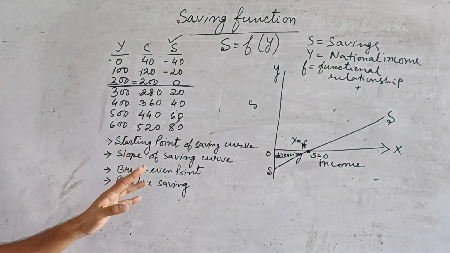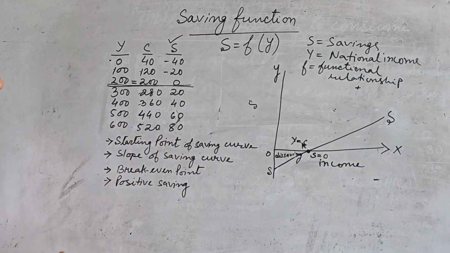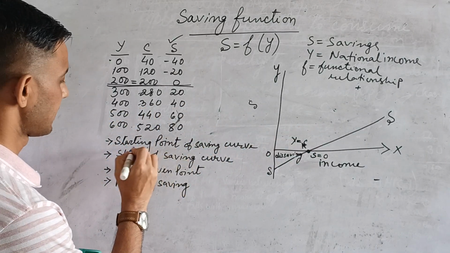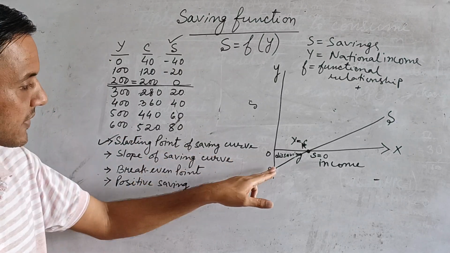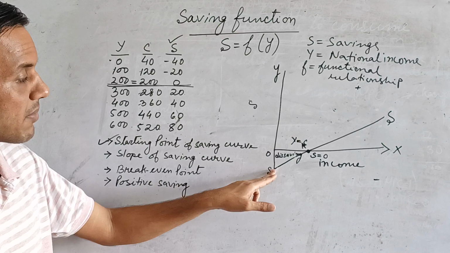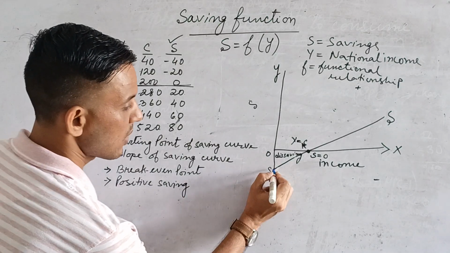Now you see some important points regarding this savings curve. Number 1, the starting point of the saving curve. You have seen that the savings curve starts from this point S. Why?